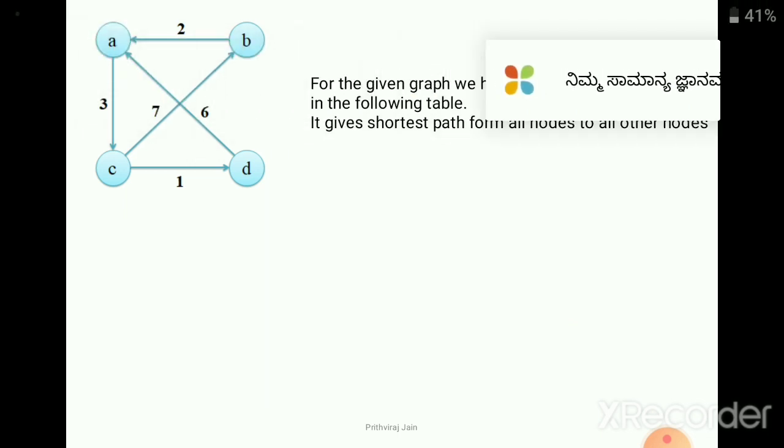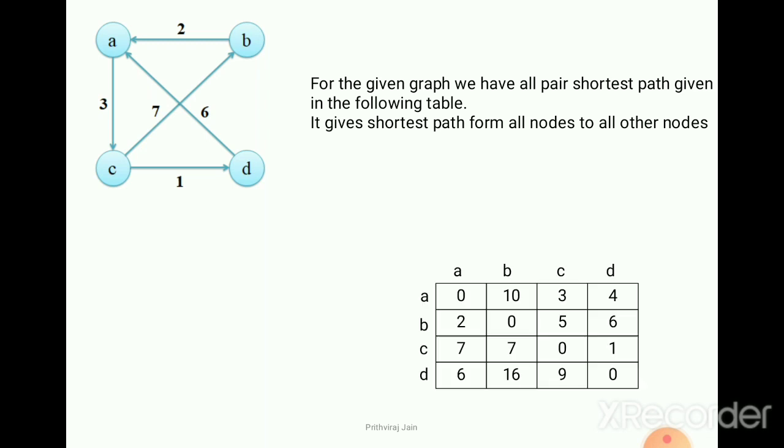So for the given graph, we have the all pair shortest path that is given in the following table. And by looking at this table, we can see that whatever the value that we obtained, that is the shortest path from that vertex to any other vertex. Let us consider the first vertex as A. From A to A, the shortest distance is 0.